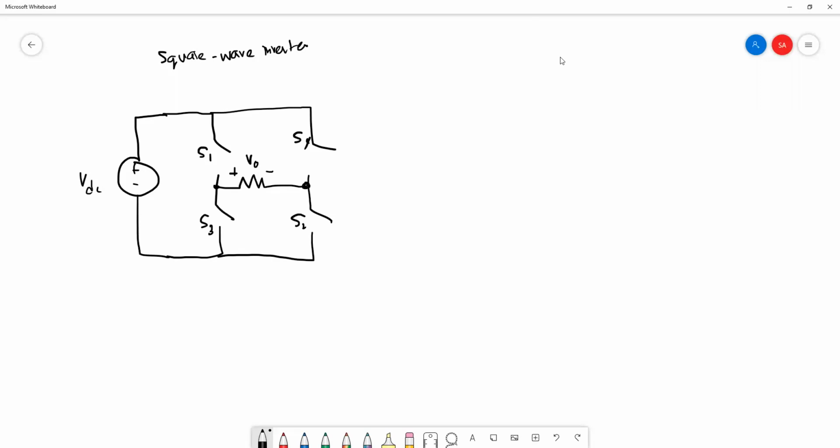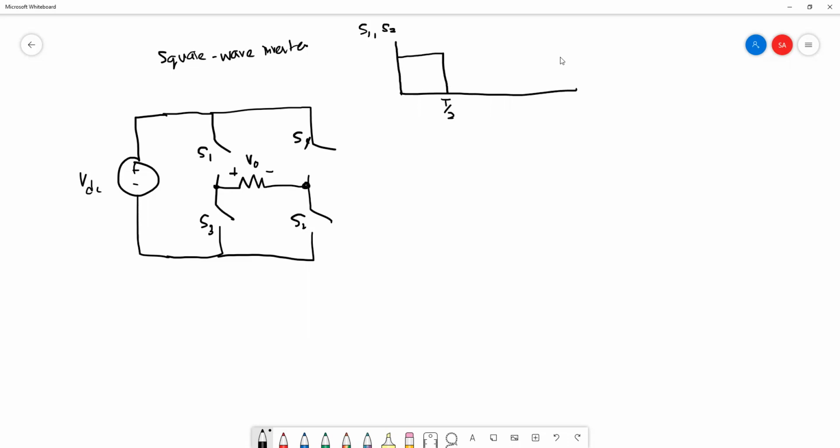Actually, it is very simple. The signal that you need to feed this inverter is just a square wave signal. S1 and S2 must be given the same signal.